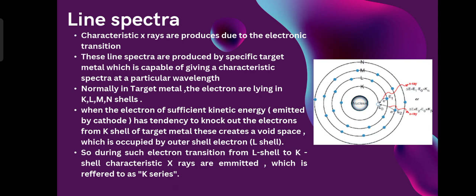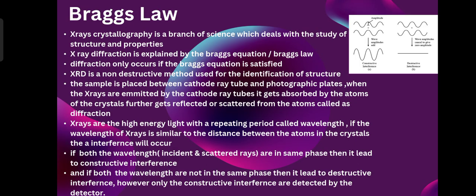These X-ray radiations are referred to as the K series because the electrons are being donated to the K shell. It can also take place in the L series, M series and N series. It depends upon the kinetic energy of the electrons being emitted by the cathode.